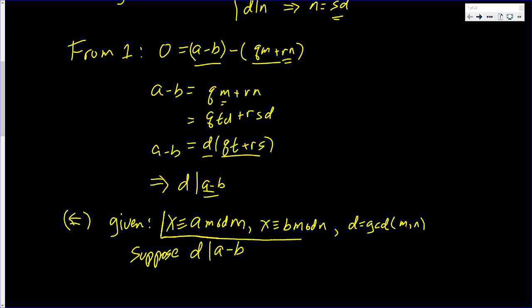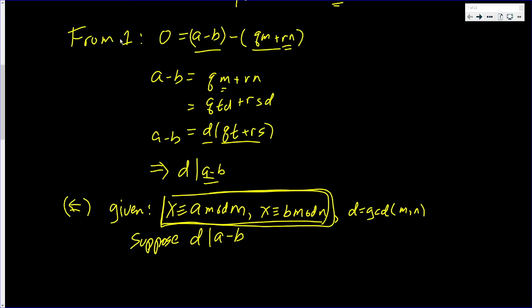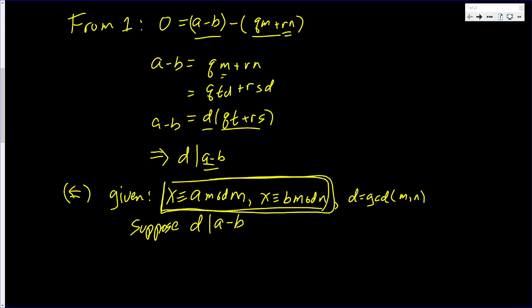Now I want to show that there's a solution to this system of equations. That's what I want to show. Okay, we have to assume that we have a system of congruent equations before I could claim there's a solution. Just because I wrote down two congruences doesn't mean there's a solution. So we suppose that d divides a minus b.